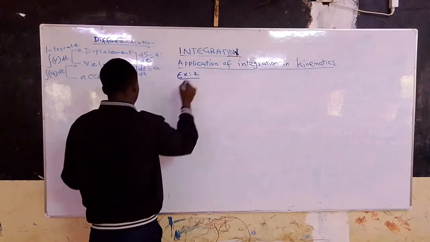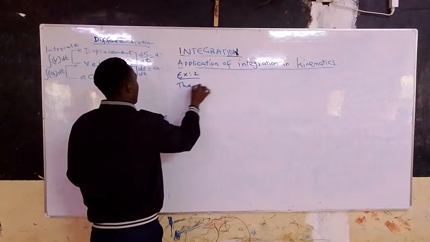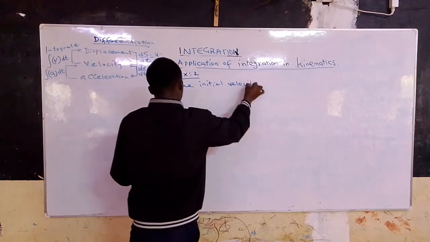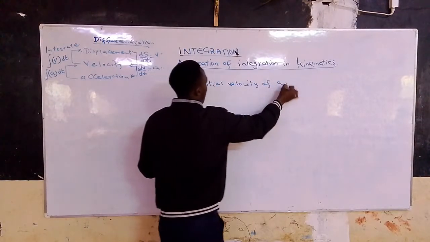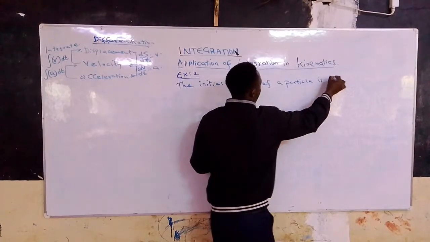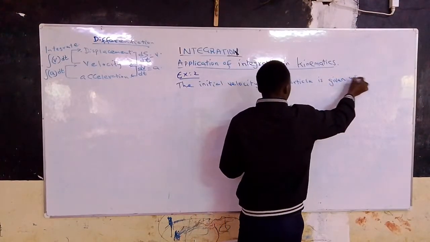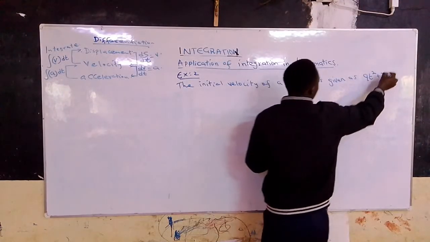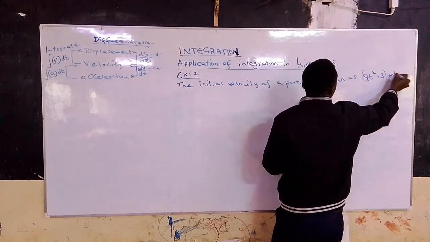So example 2. The initial velocity of a particle is given as 9t squared plus 3 meters per second.